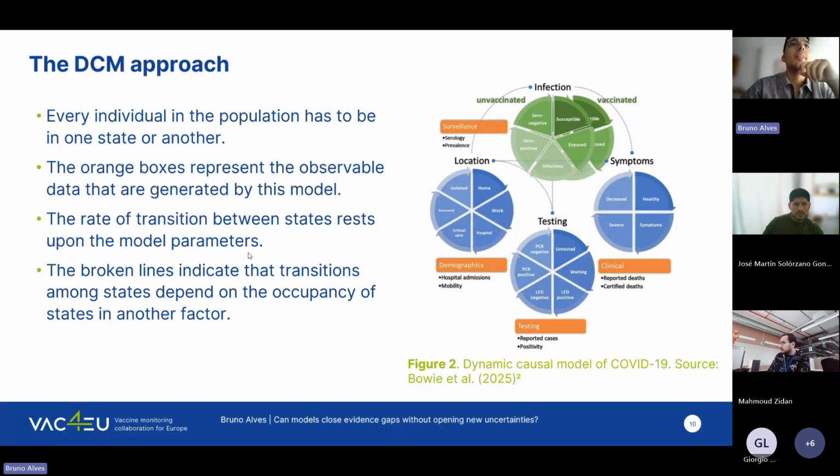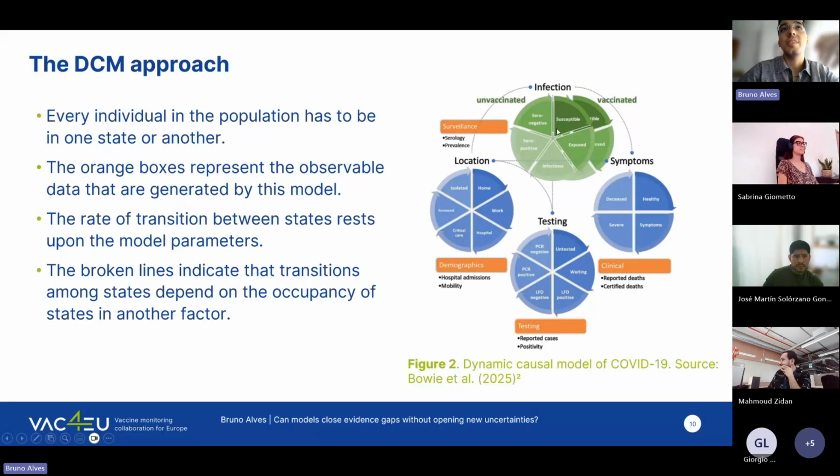Additionally, when we look at these dotted lines, we see that these factors interact with each other. So a person that is in a specific state, for instance the susceptible state, doesn't have the same rates or the same odds as a person that is in the exposed state. So there are a lot of parameters, a lot of rates, a lot of data behind this DCM.